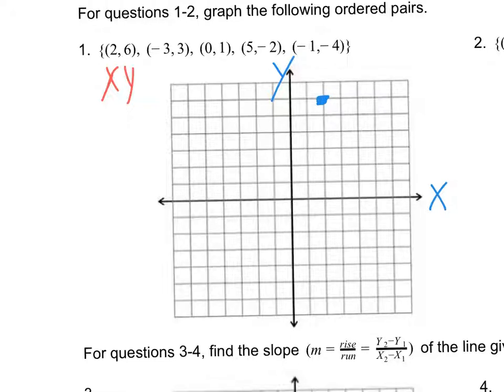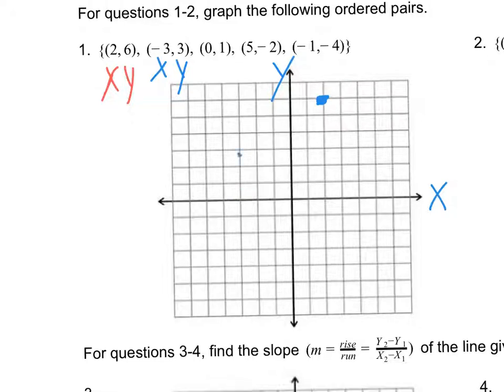Okay, and that's what you're going to do for all these points. So you have negative 3, comma 3, which would be negative 1, 2, 3 for x, and positive 3 for the y value, up 3. That's where I want to put the dot.